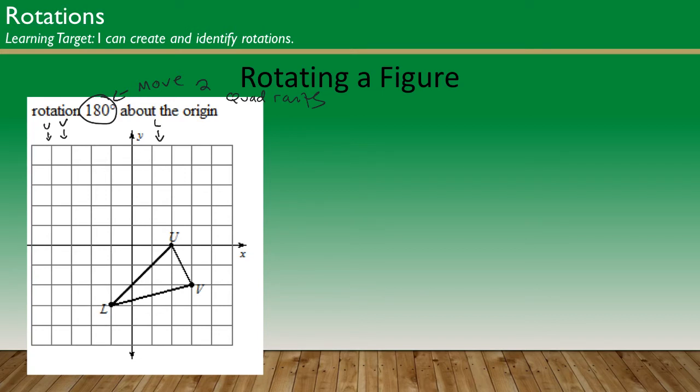Okay, so let's write down the coordinates of each of our vertices. L is -1, -3. U is 2, 0, and then V is 3, -2.